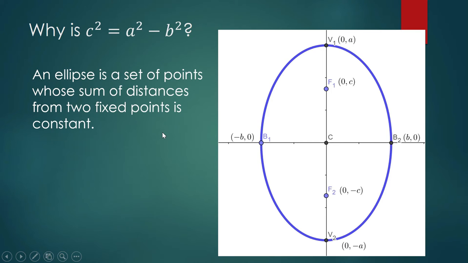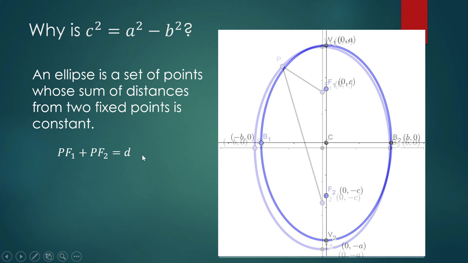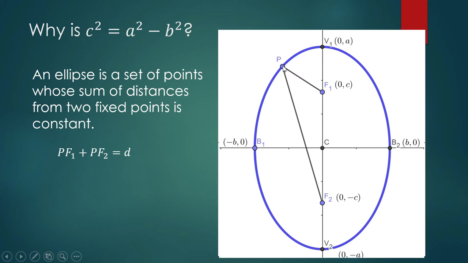Let us recall our definition of an ellipse. Again, this video is about showing why c squared is equal to a squared minus b squared. If you locate any point on your ellipse, the combined sum of its distances from two fixed points is a constant. In our earlier definition, we called that d.